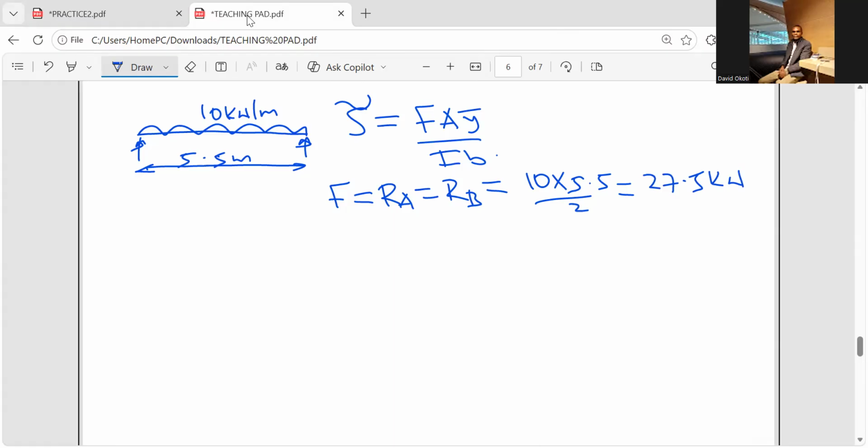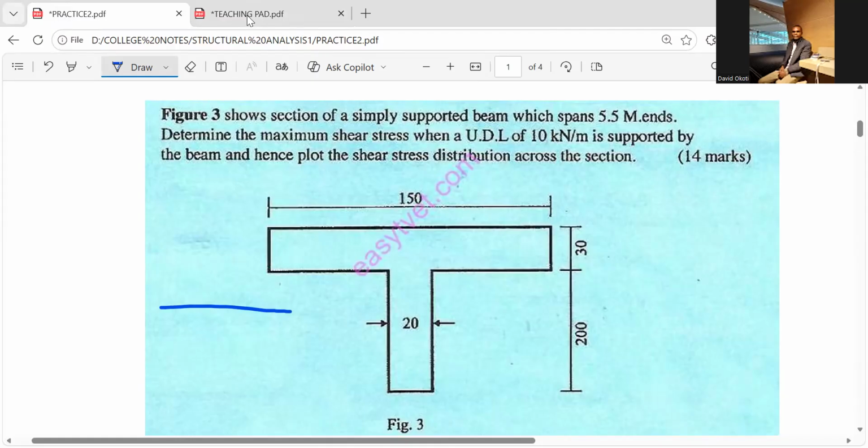Then from there, I'm not going to compute the value of A at first, but I want to determine the position of the neutral axis. So number 2, I'll move to the neutral axis. How do I determine the position of the neutral axis? We said the neutral axis is just a horizontal line that passes through the centroid. Now, if you look at this figure, it is symmetrical about the y-axis.